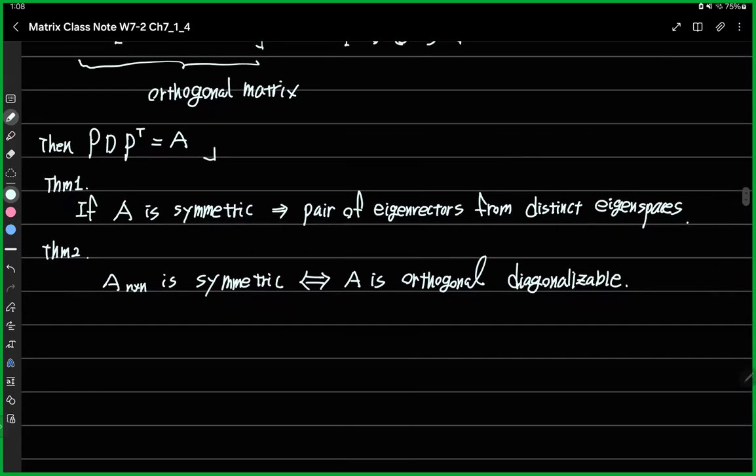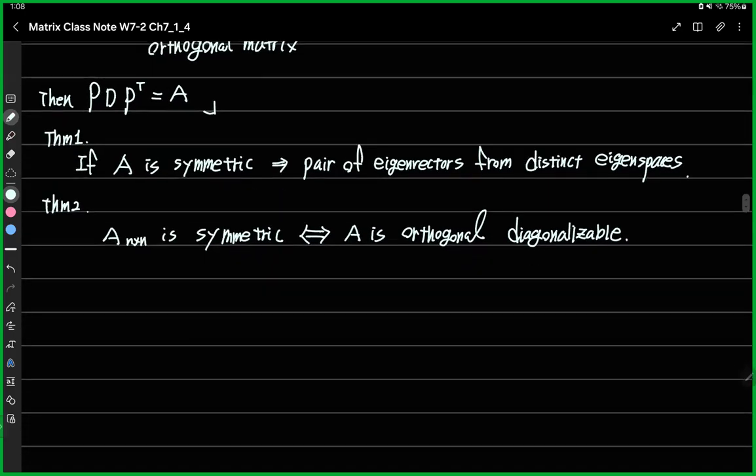So I'm going to prove theorem one and two. First, the proof of theorem one: a pair of vectors from distinct eigenspaces are orthogonal. To show that two eigenvectors are orthogonal, we just pick the two eigenvectors arbitrarily and then take the dot product, and then show that the result is zero.